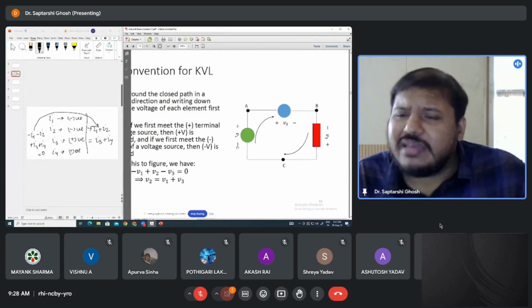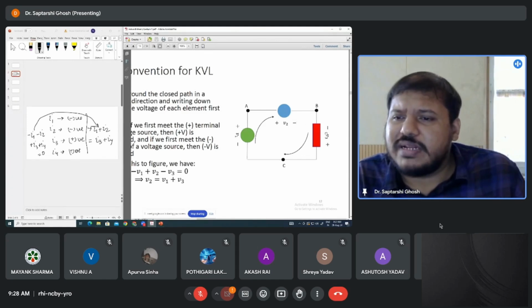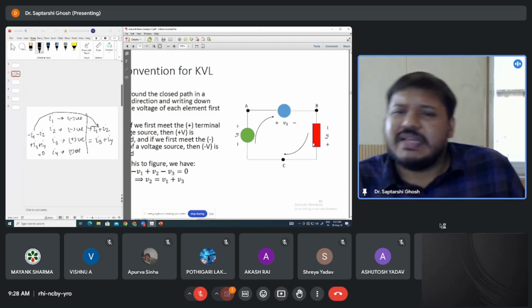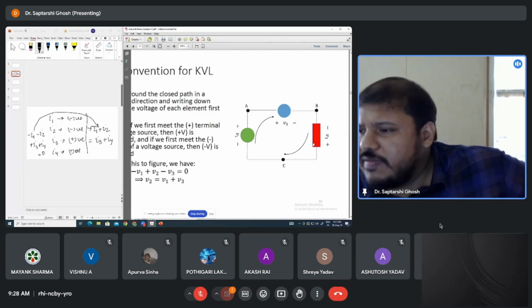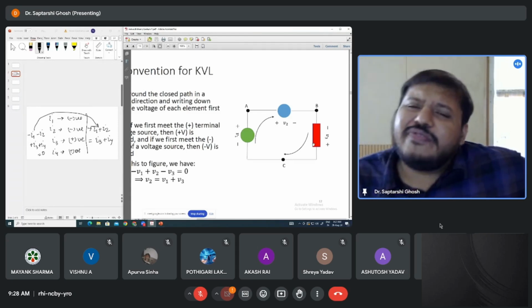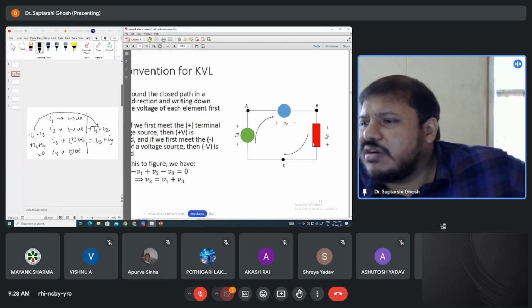Just for applying KVL, you need some kind of sign convention. Even if you don't know which side will be positive and negative across a particular element, you just give some convention, and the final answer will tell you whether what you considered is correct or not.